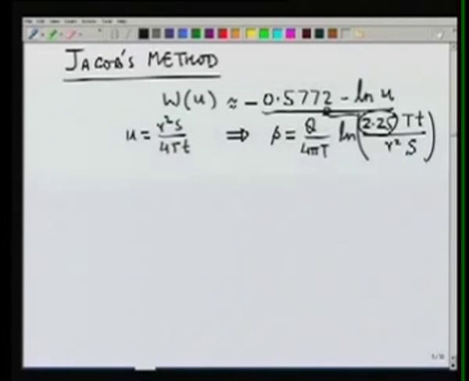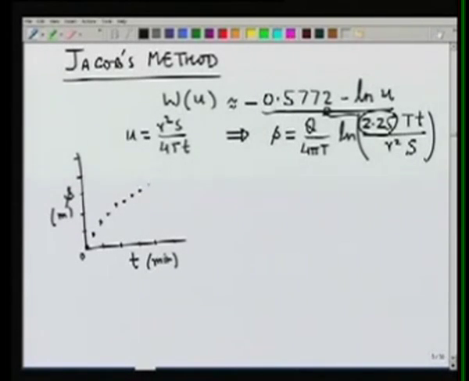Using this approximation and the data of S versus T, what we have in the field is measurement of drawdown at different times. The t value typically is taken in minutes, but any other unit can also be used. S generally will be in meters, and the plot would look like this.